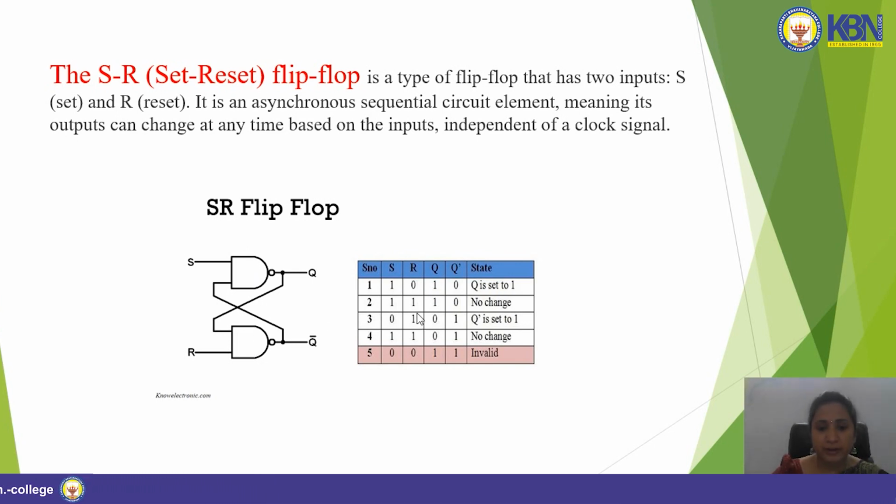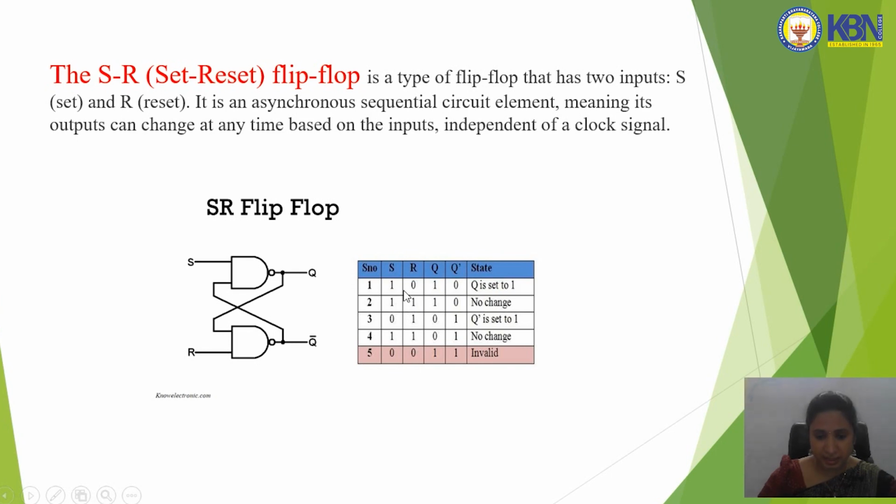Here we see the truth table. We take the different conditions. If one condition is high and one condition is low, Q means output and Q bar means complement of the output. So if S becomes 1 and R becomes 0, the state will be set to 1. It means high condition.